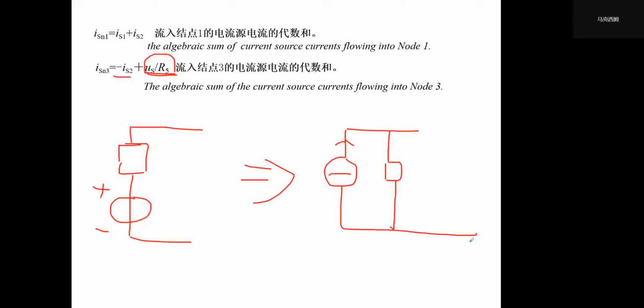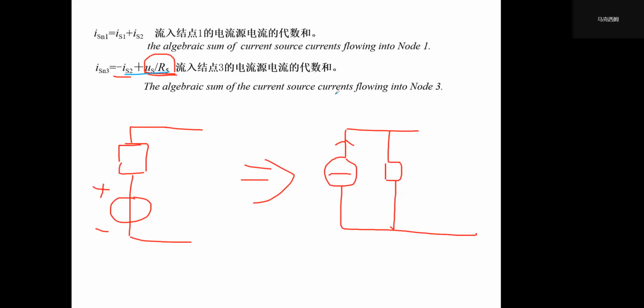And if a node is connected to a branch that contains only a voltage source, we use this trick to transform the voltage source to its equivalent current source form. So we can still represent the total current from current sources flowing into one node.